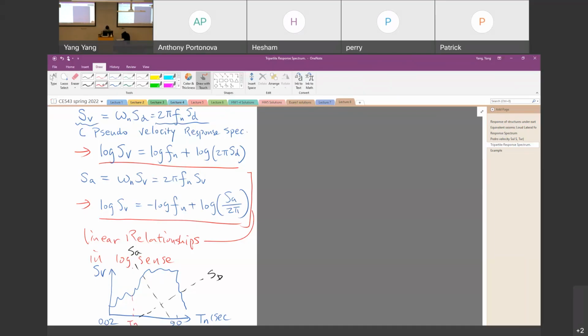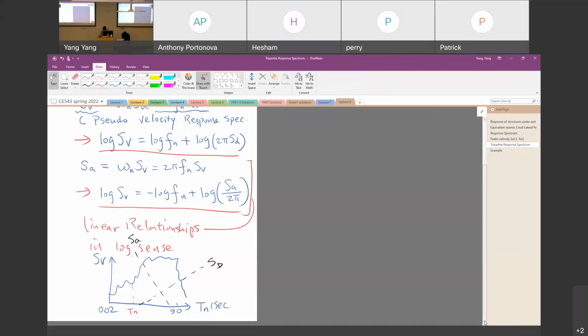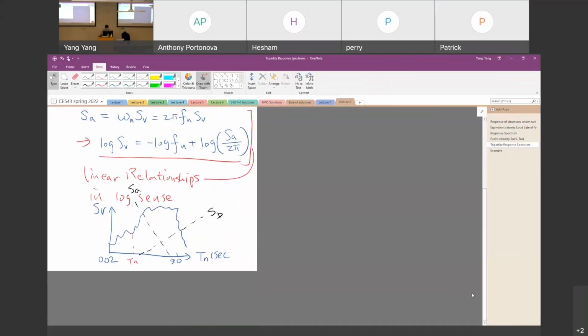If we have the T value over here, we should be able to get the SV from the vertical y-axis.